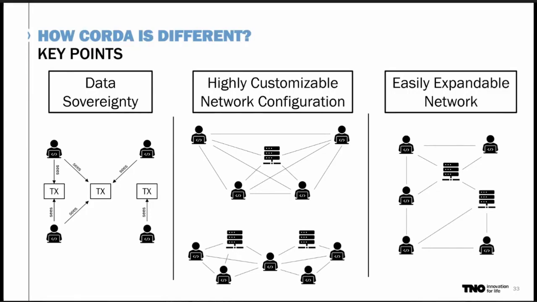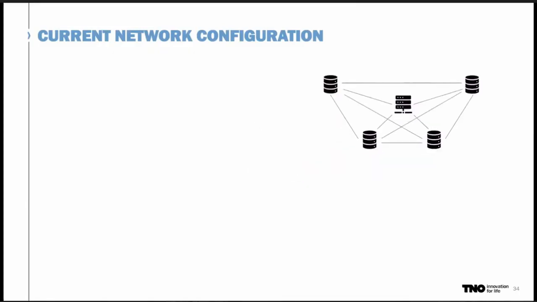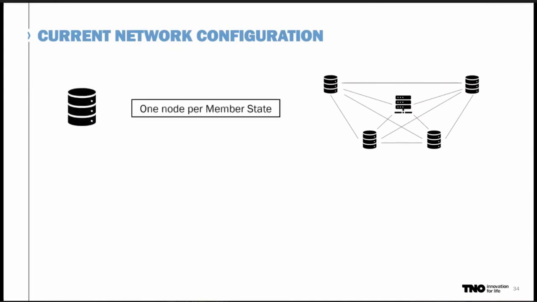Let's now have a look at the current configuration that we have adopted for this proof of concept. As you can see, peers have been converted into servers because for this trial, requirements were better fitted using one node per member state.